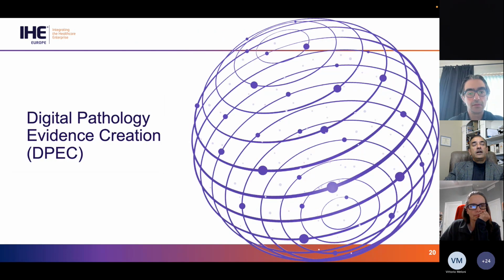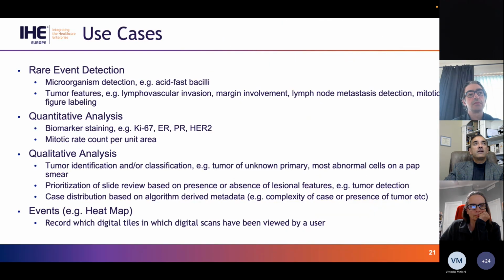All right, so I mentioned this briefly, evidence creation. Next slide. This is a very exciting area. Of course, it's yet to be developed. It's there only conceptually as part of the holistic framework, but there are really exciting use cases, and I know that there are many vendors out there in this space looking to get their algorithms integrated into PACS systems.